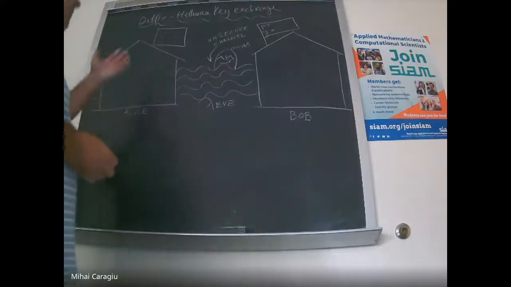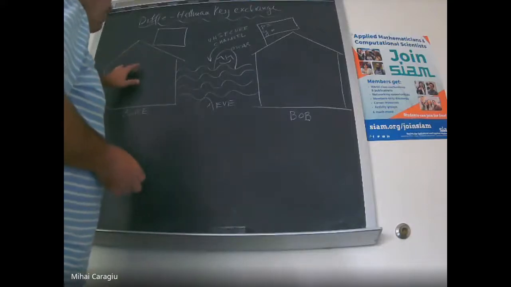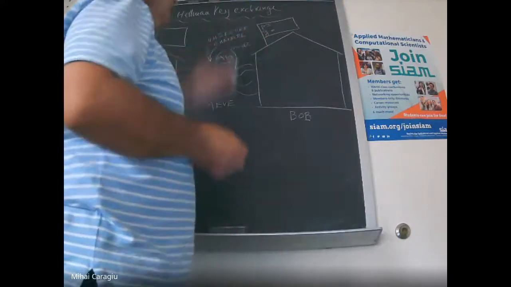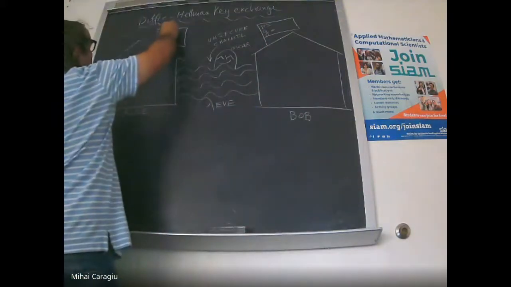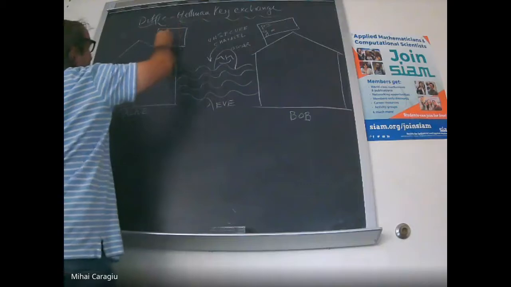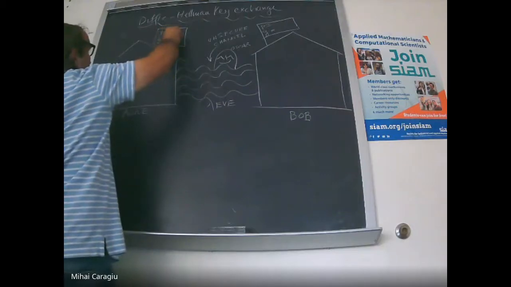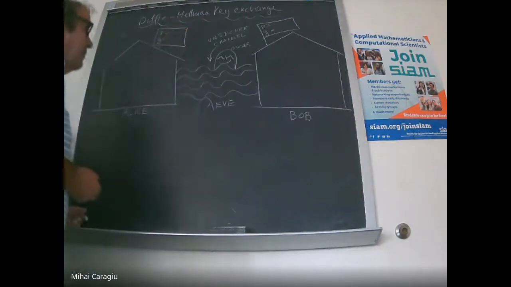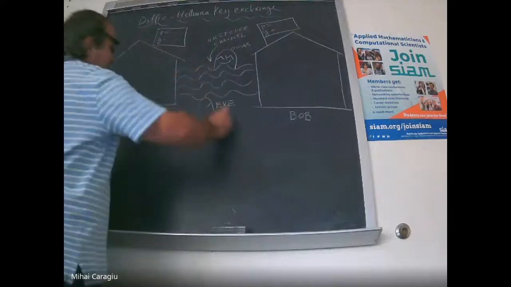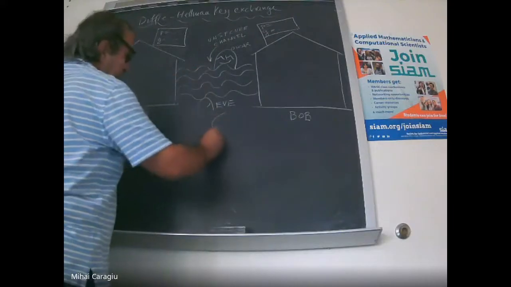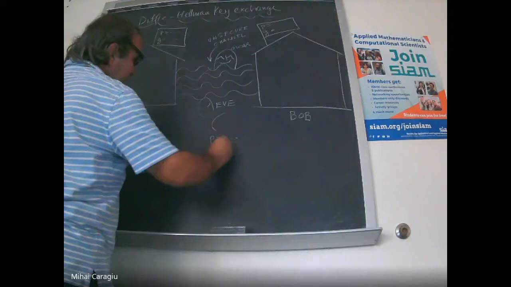This flag over Alice's home and Bob's home reflects the idea that P and G are public. So P equals whatever they agree on, G equals whatever they agree on. At this moment, it's all set, but both Oscar and Eve know P and G too.